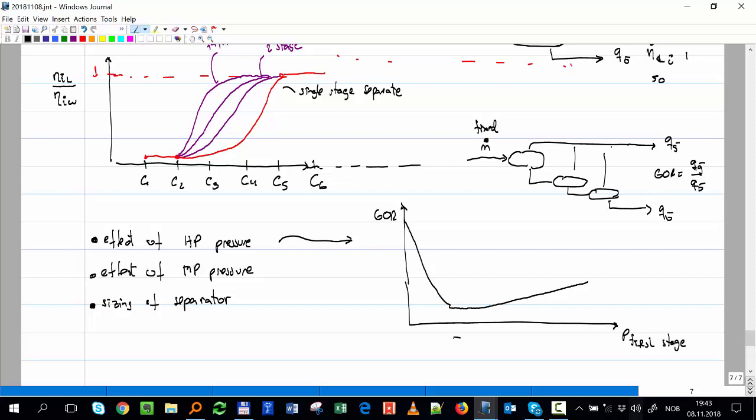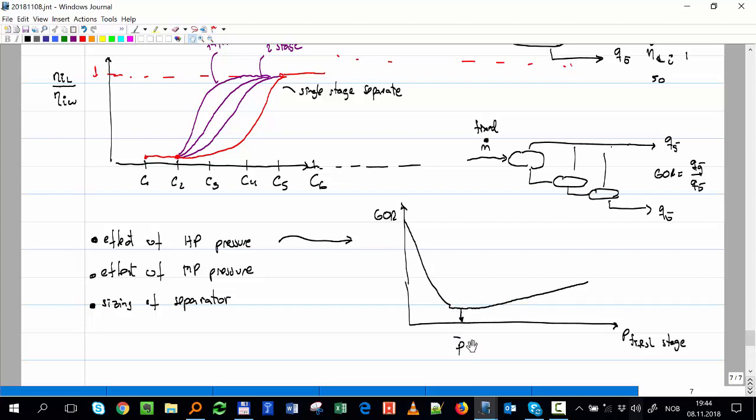Is it better to have a high or low GOR? Low, right? So ideally I would like to be here, which means I need a relatively higher pressure. After that, you have an increase which is very slow.